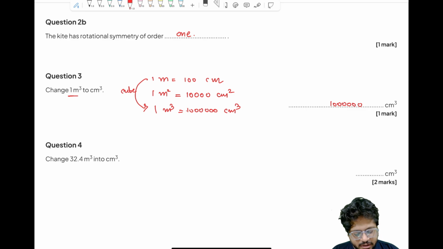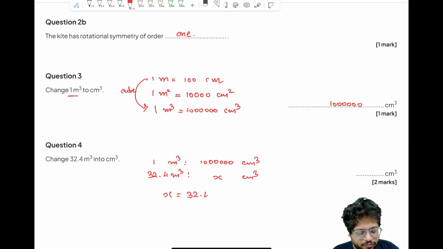Now in the same way, convert this 32.4 meter cube into centimeter cube. We already know that 1 meter cube is 1 million centimeter cube. So basically 32.4 meter cube is, let's say, x centimeter cube. So this x will be nothing but 32.4 multiplied by 1 million. 32.4 million basically, these many centimeter cube.